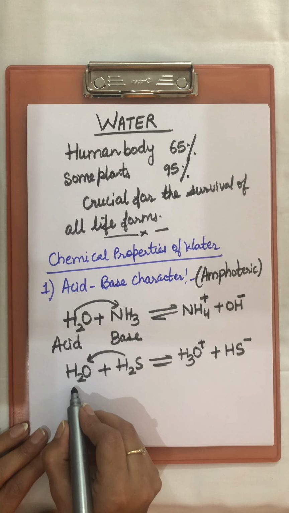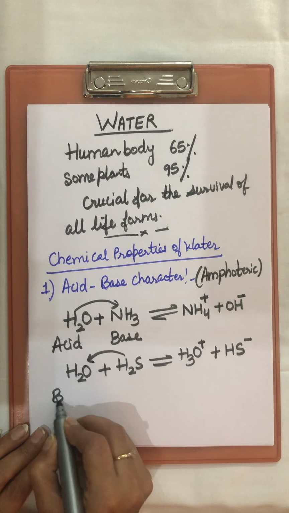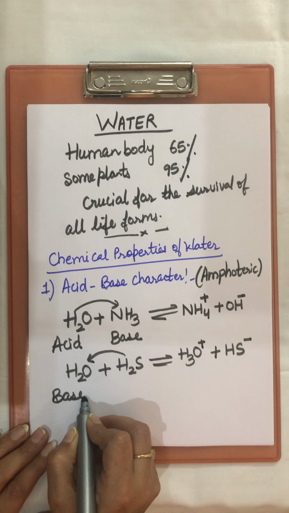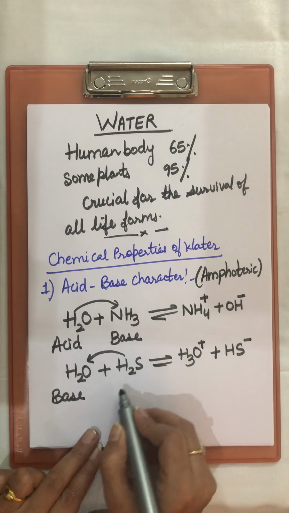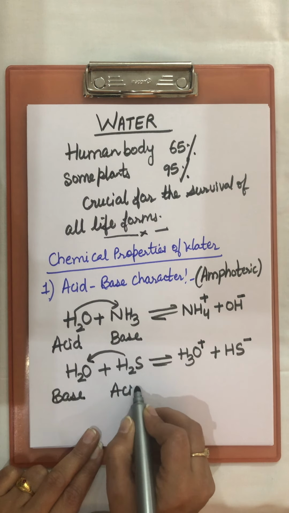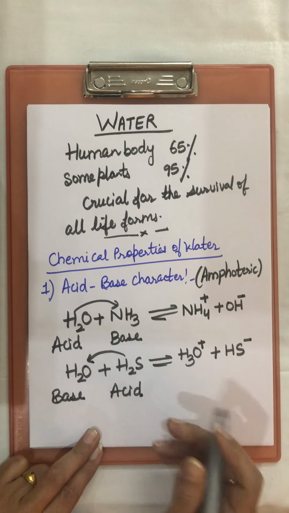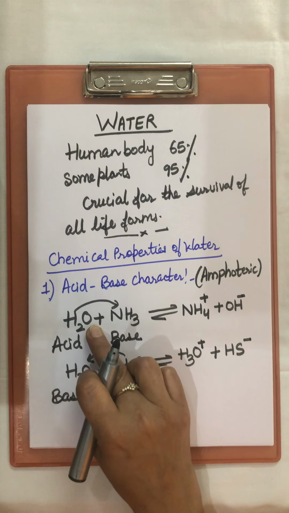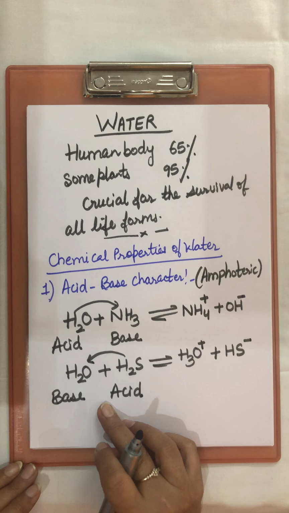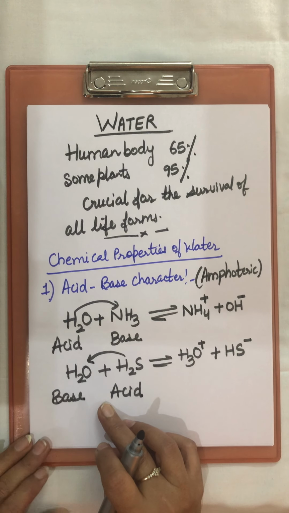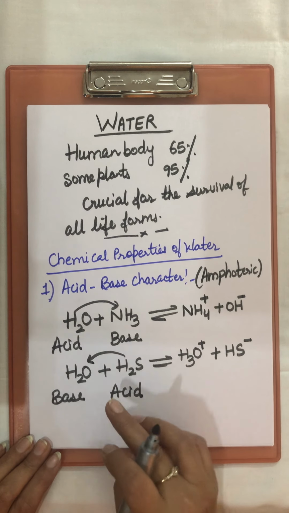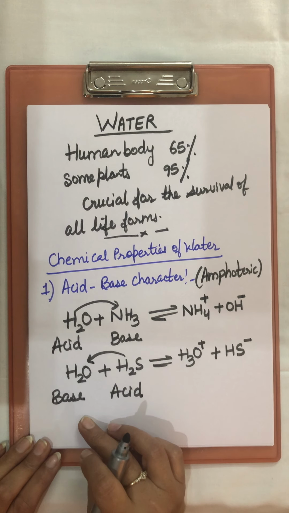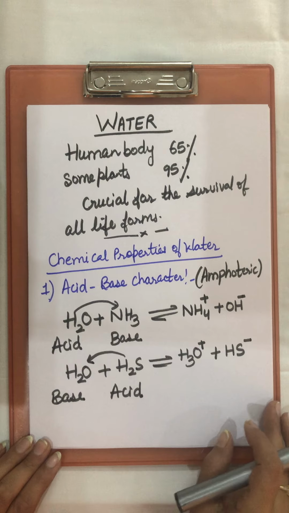Now here water is gaining H plus, so water is a base here, and H2S is losing H plus, so this is an acid here. So in this reaction water is acid, in this reaction water is a base. Since it can show both the characters, acid as well as the base character, it behaves as an amphoteric substance.